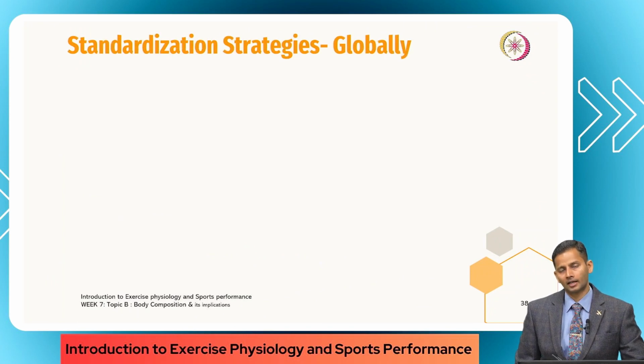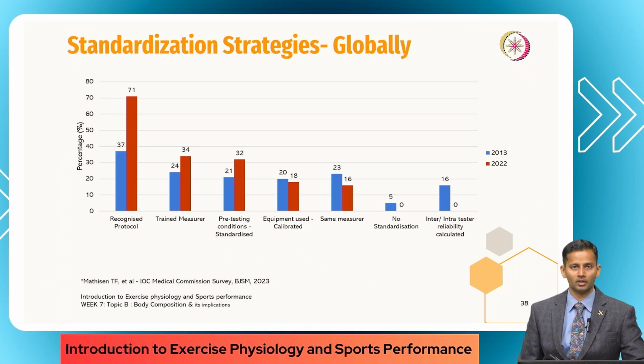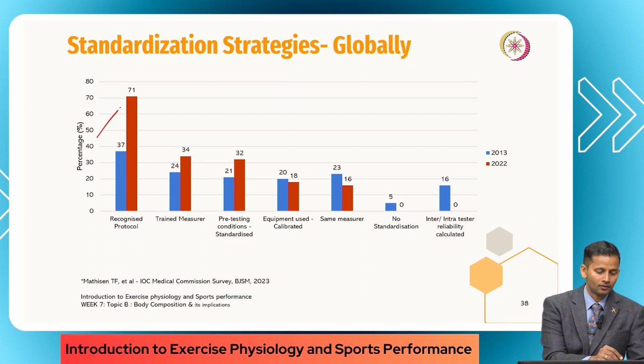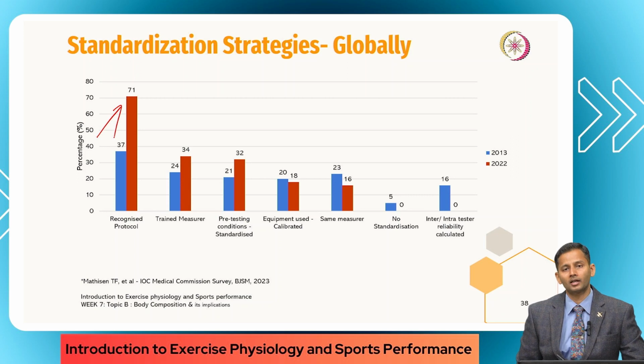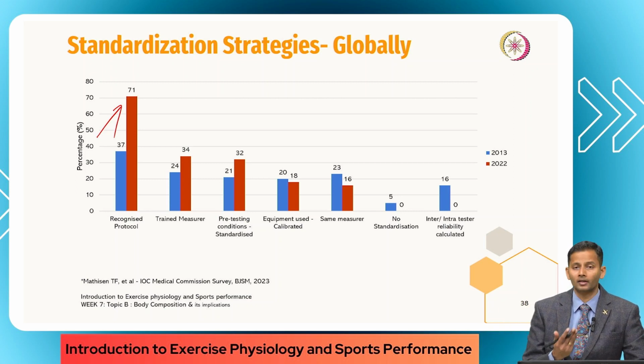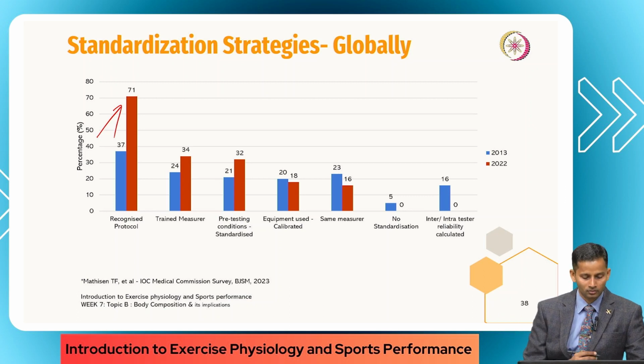What about the standardization strategies that are being followed globally? There is a definitive increase in the standardized, regularized protocols, in terms of ISAK-recognized anthropometric measurement. So people recognize a protocol which has already been established and proven.